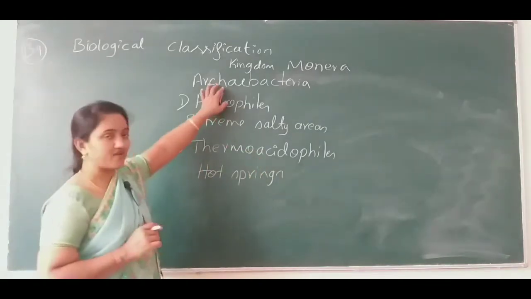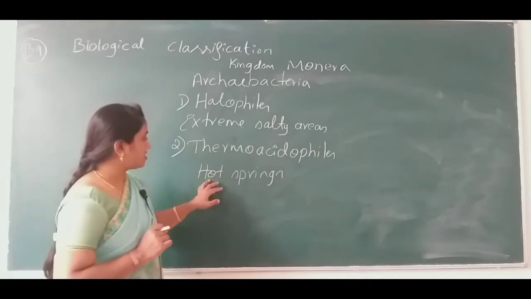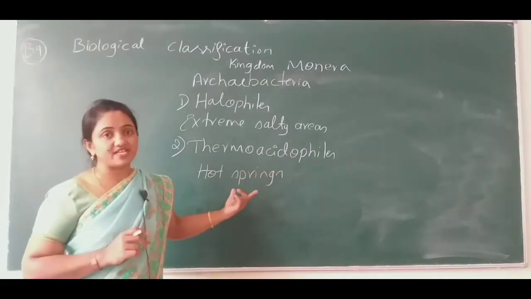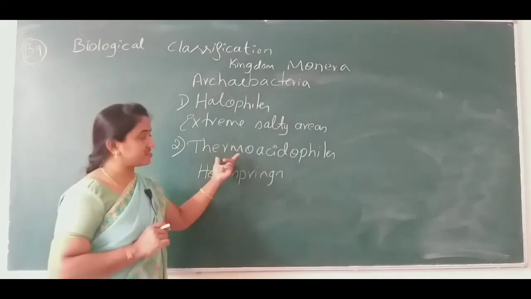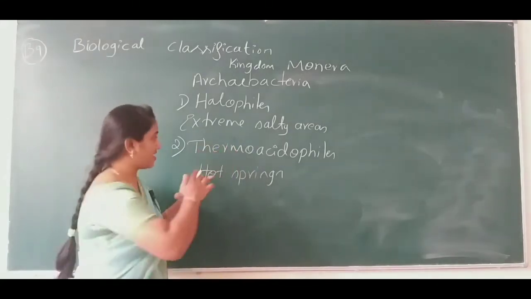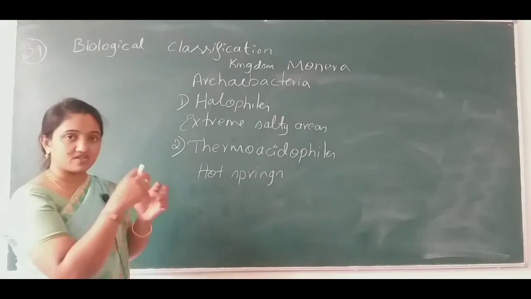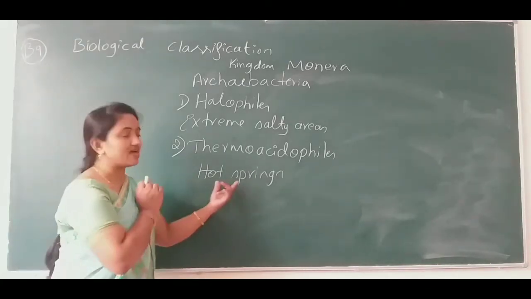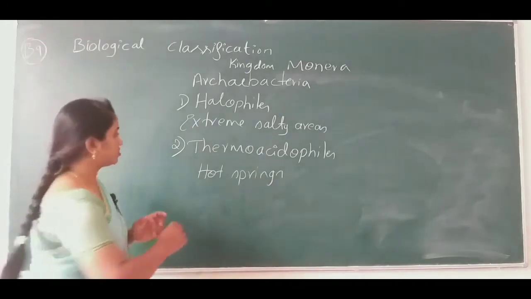Thermoacidophiles are the type of Archaeobacteria found in hot springs. Hot springs means high temperature, and they have the resistance capacity, so that they can survive in high temperature or hot springs.